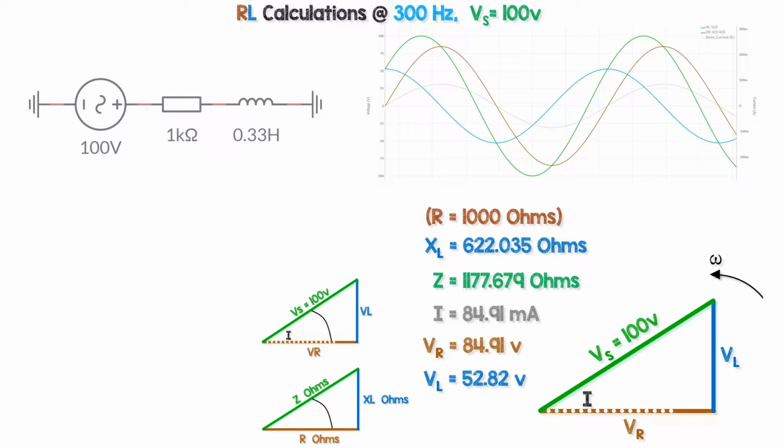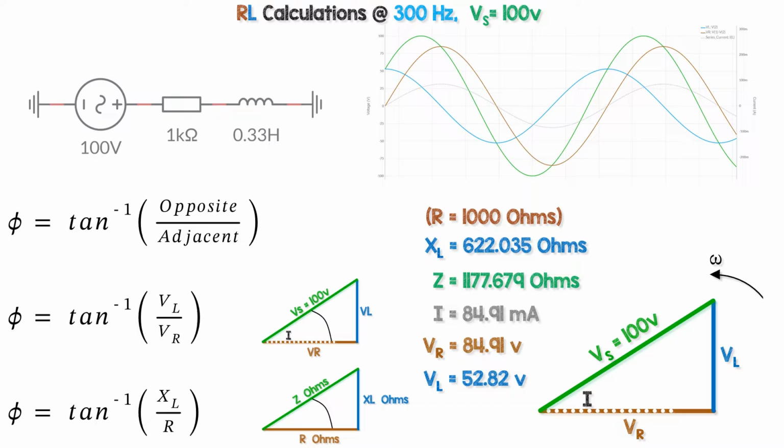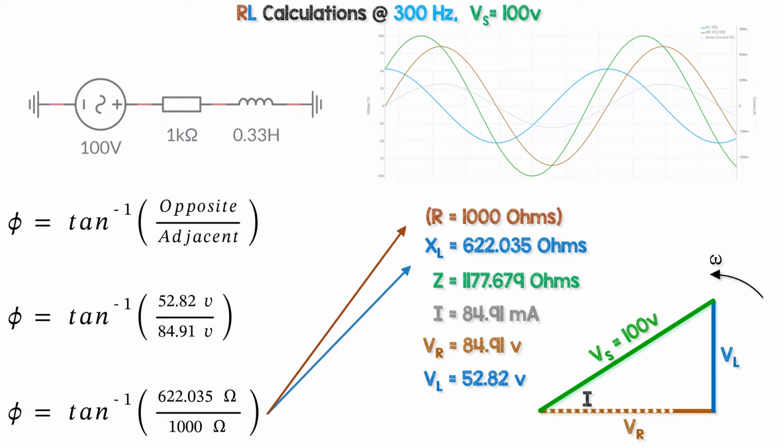Now to the phase difference. There's the voltage and impedance triangles. As we know all three sides of the impedance triangle and all three sides of the voltage triangle, we can use inverse sine, inverse cos or inverse tan to find the phase difference using either triangle. But it's common to use the inverse tan or shift tan function on our calculators with XL as the opposite side and R as the adjacent side.